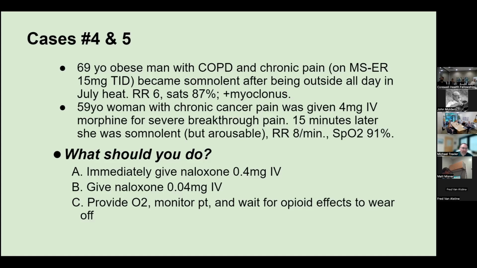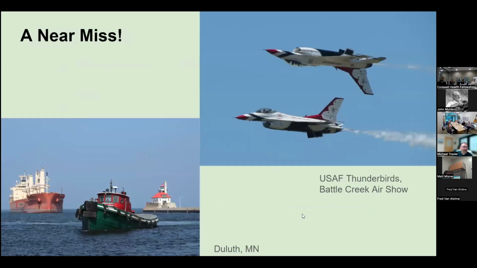What would you do in that case? O2 and monitor. Yeah, the second case isn't yet life-threatening, and it might not become life-threatening as long as she's given appropriate support. This case is definitely life-threatening, the first case. So, all right, this is what you might call a near miss.